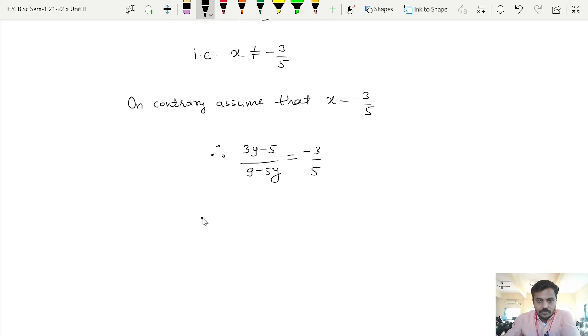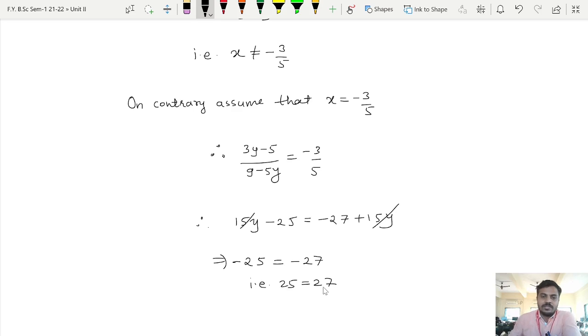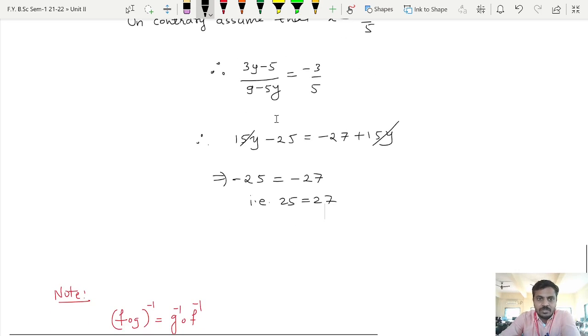So after doing cross multiplication, we will have 15y minus 25 equal to minus 27 plus 15y. So this 15y and 15y will get cancelled out, and this implies minus 25 is equal to minus 27. That is nothing but 25 is equal to 27. Is it true? Absolutely not.